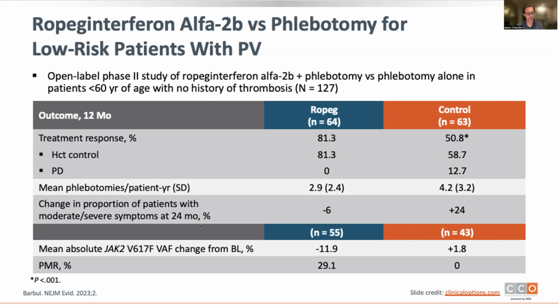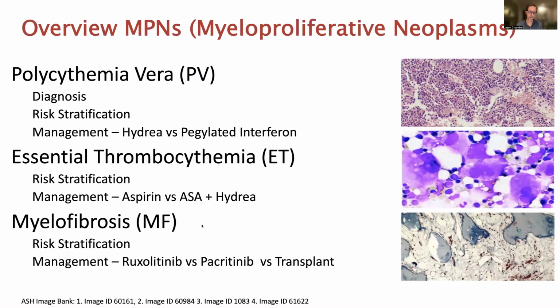And then it also changed, like before, the JAK2 allelic burden, like what percentage of the cells had JAK2. And then also size of spleen. Patients seemed to feel better. So they had to deal with the side effects of the interferon, but they seemed to feel better. So that was P-Vera, risk stratify them, manage them.